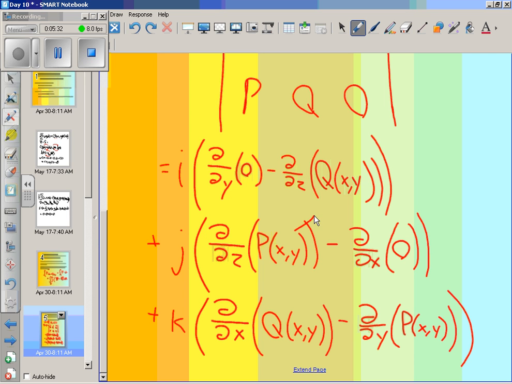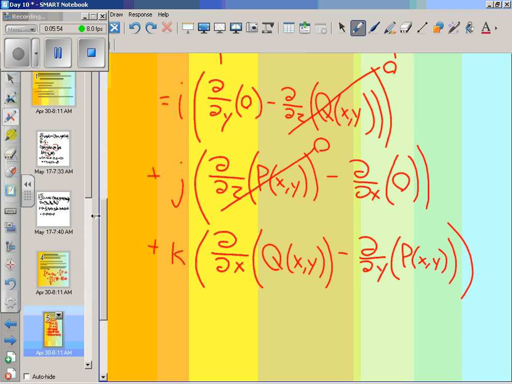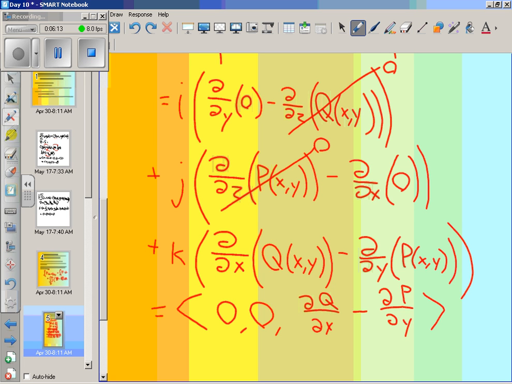And likewise for the other one. And obviously, when we take the derivative of the 0 function, we get 0. So in other words, both the i component and the j component are just going to be 0, and the k component is going to be dQ/dx minus dP/dy. Okay? Does that make sense?